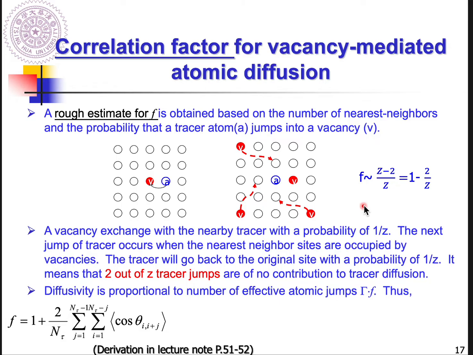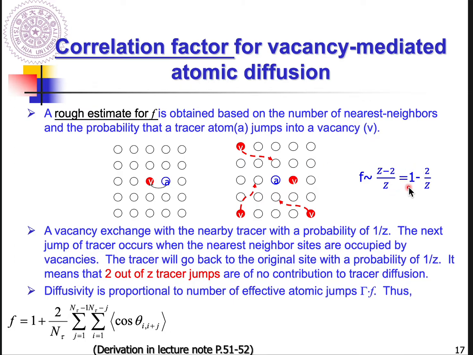But after a certain time period, other vacancies move to this location. Then if the atoms exchange back and move back to this location, that means this jump and this jump have no contribution to the diffusion process.